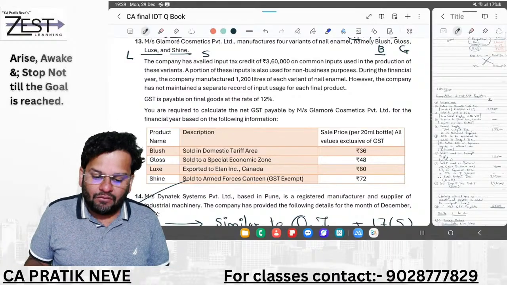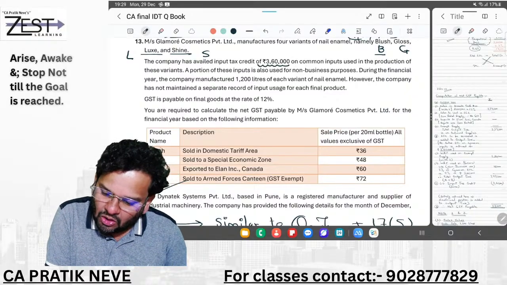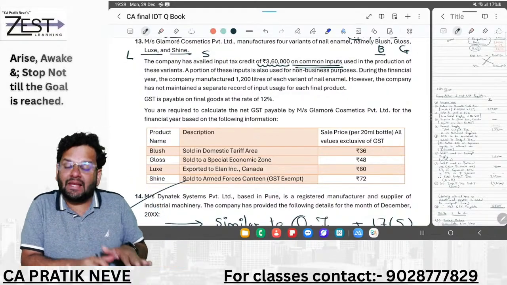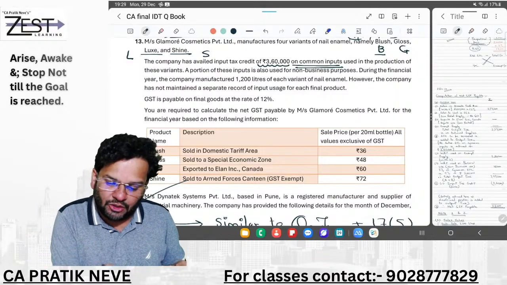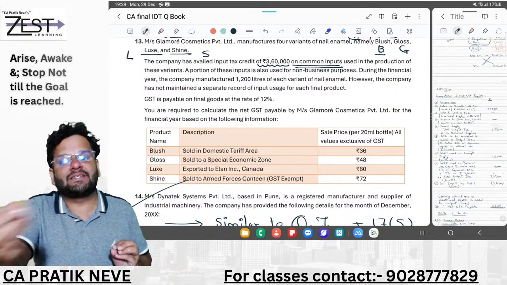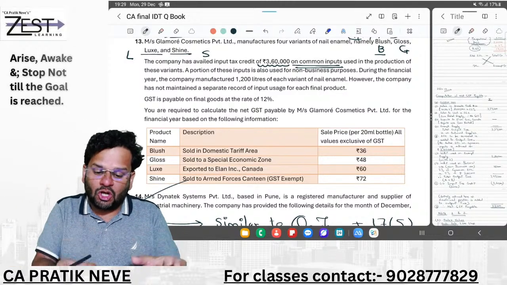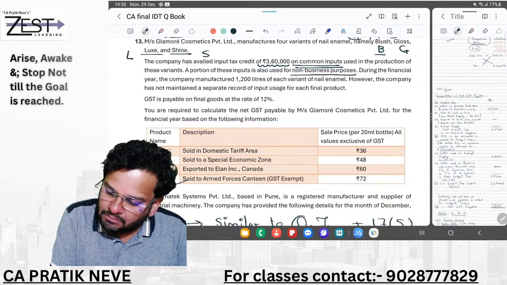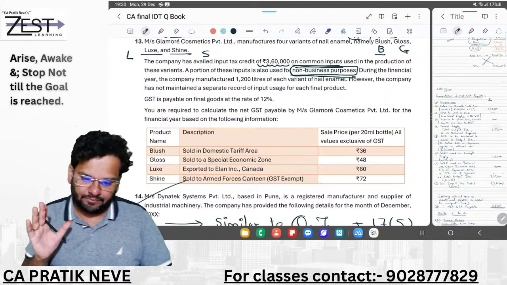The company has availed ITC of 3,60,000 on common inputs. It has taken ITC of 3,60,000 on common inputs which are used in production of these variants, meaning these finished goods. A portion of these inputs is also used for non-business purposes, that is personal purposes.